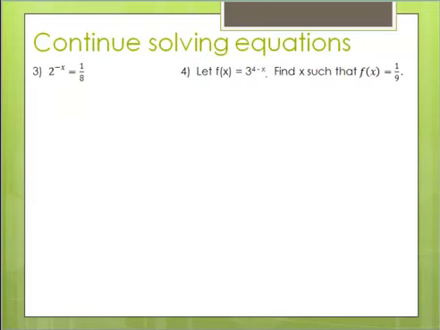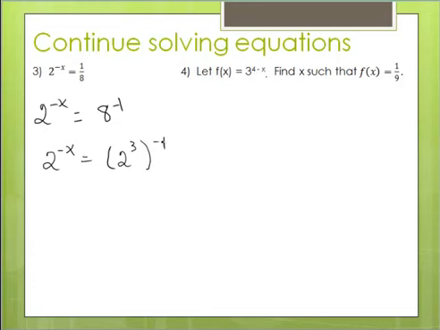Let's solve a few more using the one-to-one property. We have 2 to the -x equals 1/8. Well, 1/8 is the same thing as 8 to the -1, right? Can I rewrite this 8 so that it's a 2? 8 is the same as 2 cubed, right?